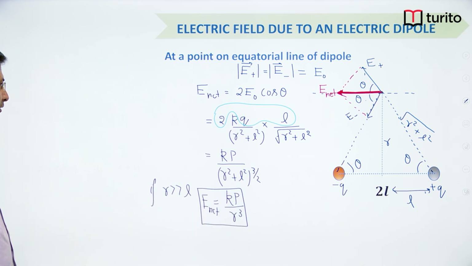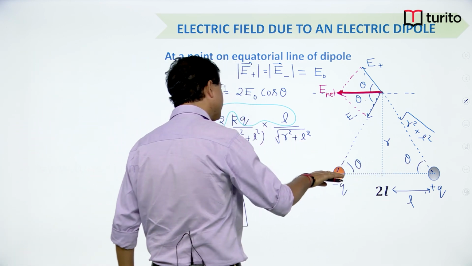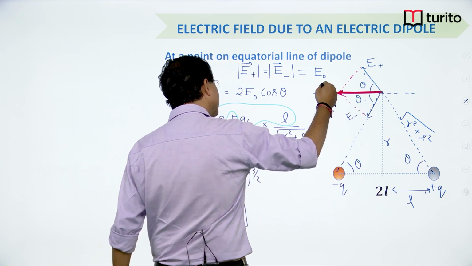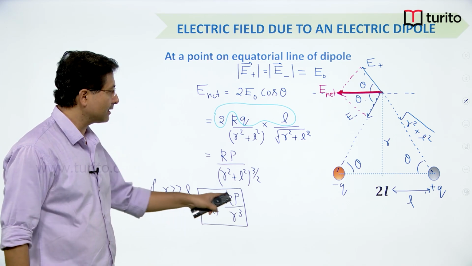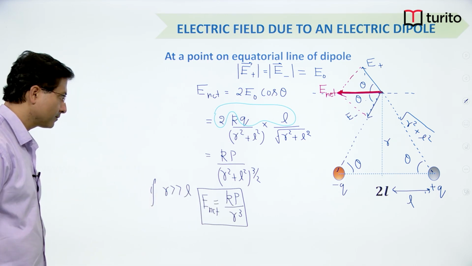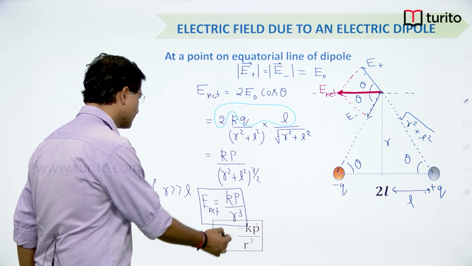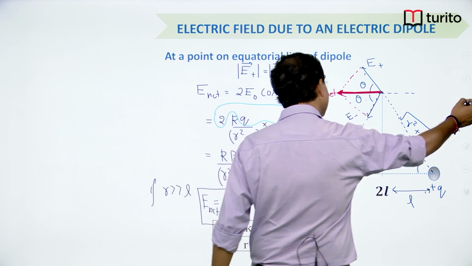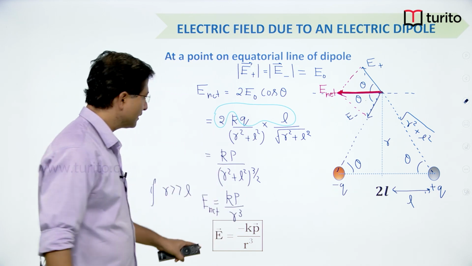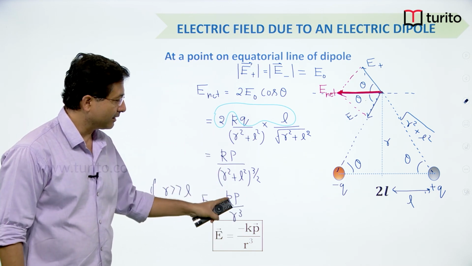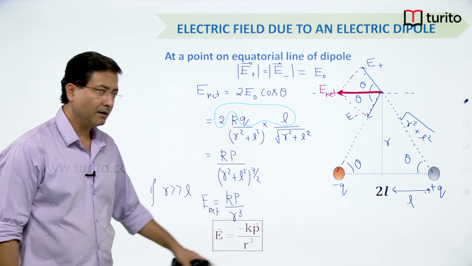If I want to write in vector form, you can see that the direction of dipole moment is from negative to positive and the direction of field, they are in opposite direction. So this P vector and this E vector, they are in opposite direction, right. So this can be written E is equal to minus k P vector, both are in opposite direction, divided by r cube.